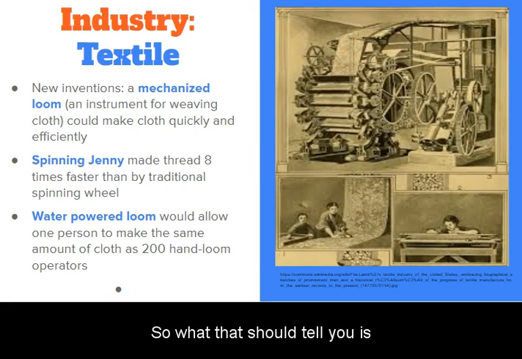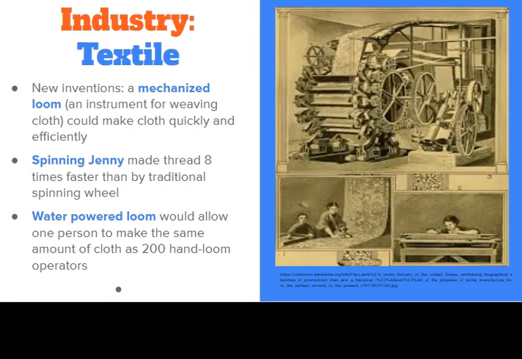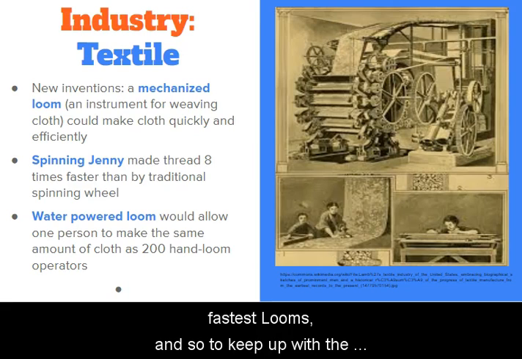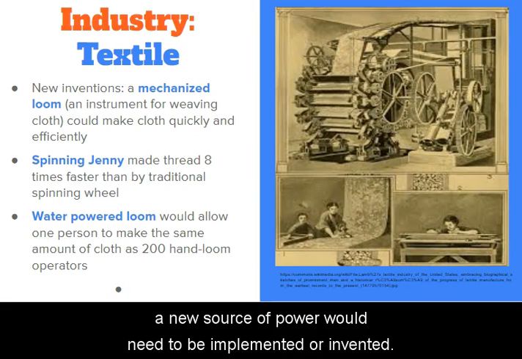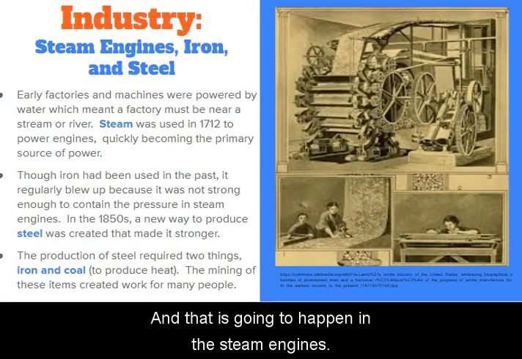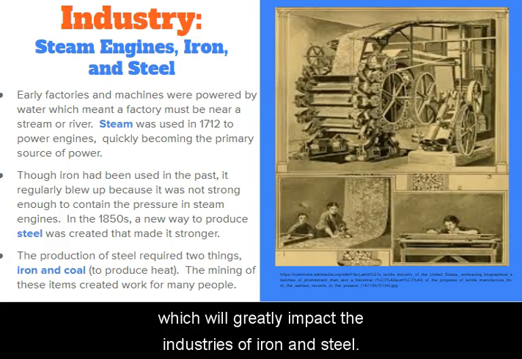What that should tell you is, at this point, the faster they could make machines work, the more product was being created. Now, water-powered looms were not necessarily the fastest looms. And so to keep up with the abilities of the new machinery, a new source of power would need to be invented. And that is going to happen in the steam engines, which will greatly impact the industries of iron and steel.